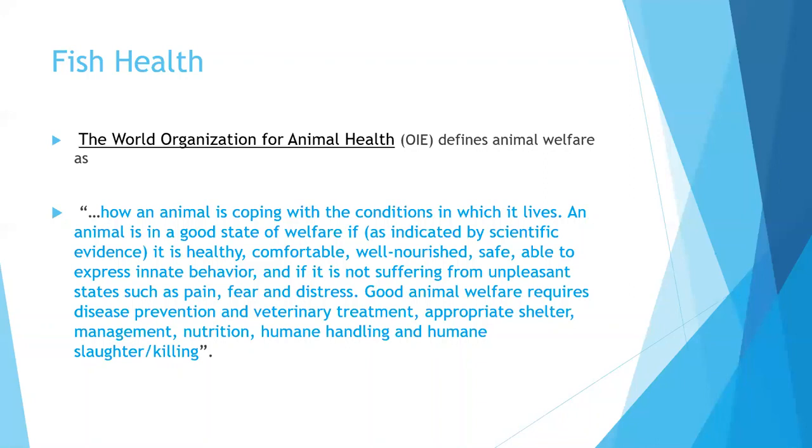So can we, when we're looking at our fisheries, give those fish the best health, environment and welfare that we possibly can? And so this is where we need to start looking at that fish health issue.